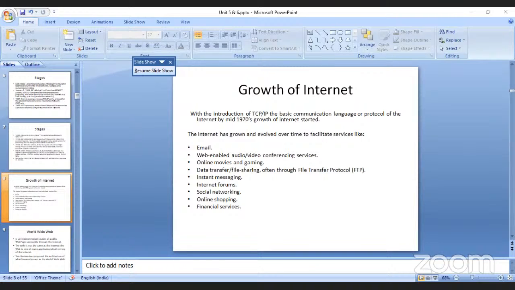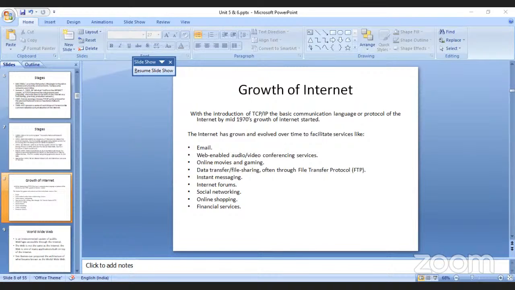Internet service providers are intermediate organizations that provide internet connectivity to their subscribers. We are subscribers and they provide connectivity to us. Internet service providers are interconnected to one another at network access points. Okay.